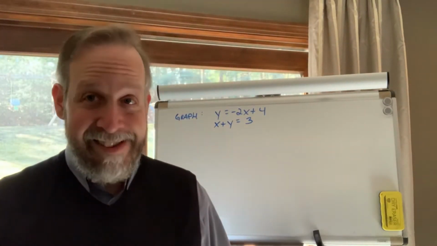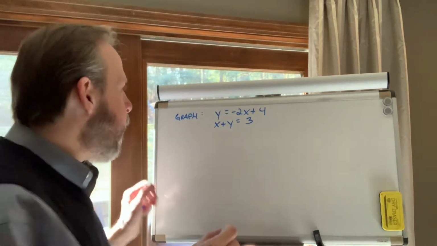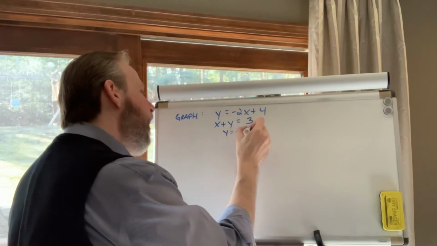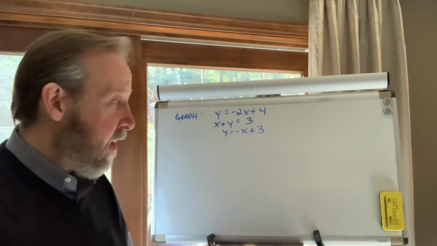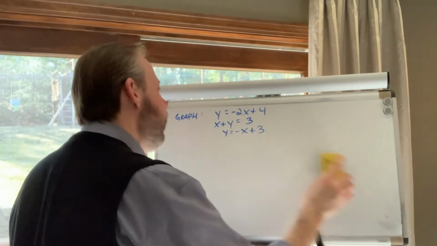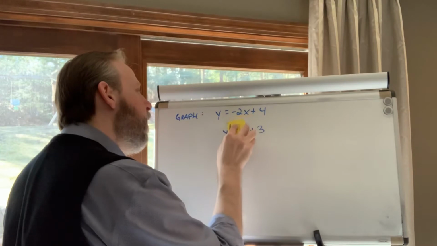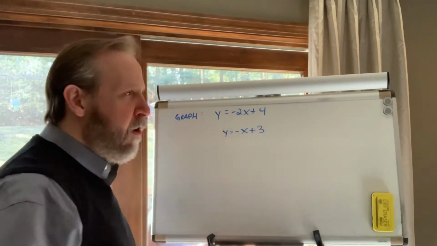The other, of course, is not yet, so we should put that in slope-intercept form so we can graph it. I'm going to subtract x from both sides, and now it's in slope-intercept form. Well, that's handy. Since I've done that, I'm just going to erase the other form because it doesn't help me. And now I have two lines that can be fairly easily graphed.